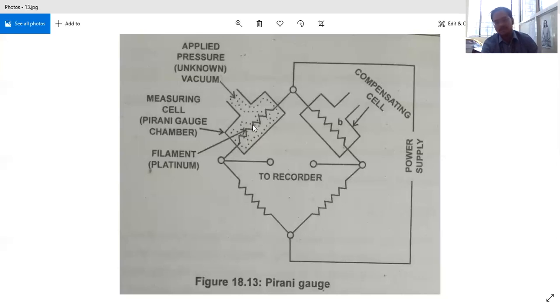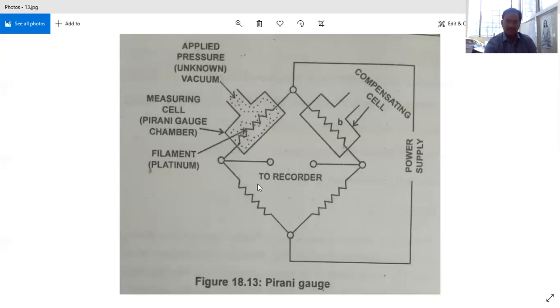In that case, we should remember that the pressure is high. So by the change in the resistance of this filament, we are able to recognize what pressure is there in the chamber.